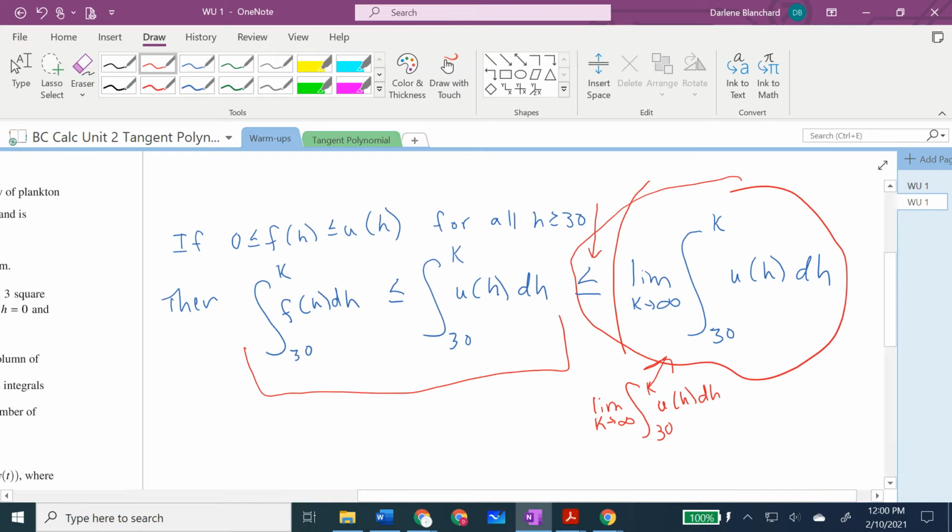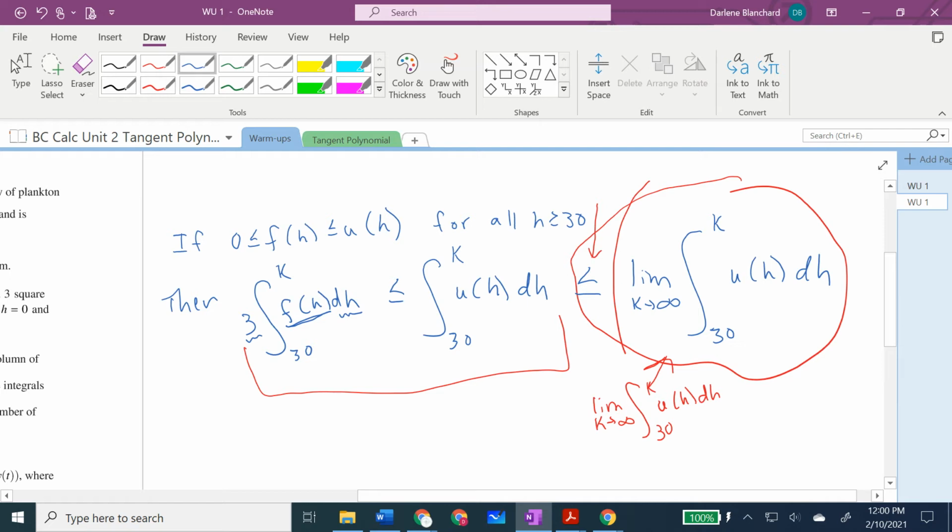Now, this is density, though. This is just looking at density, and what you're actually looking at is the quantity, which is going to be taking the density and multiplying it by the volume of 3 times dH.